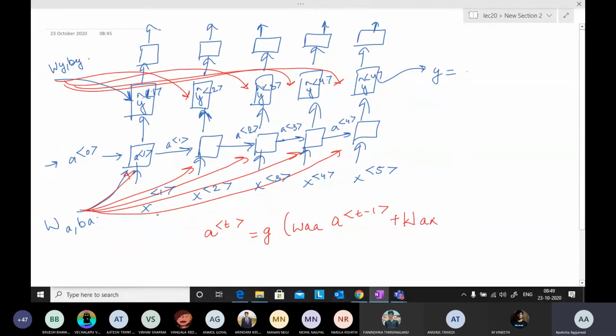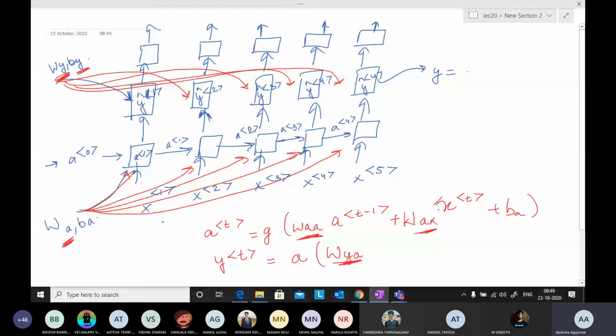So my final calculation for this is WAX, which is coming from here, into XT plus BA. And YT is finally predicting, I'm writing this WYA as WY and BY simply. And this WAA I'm simply writing as WA.